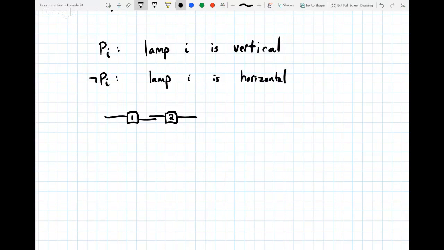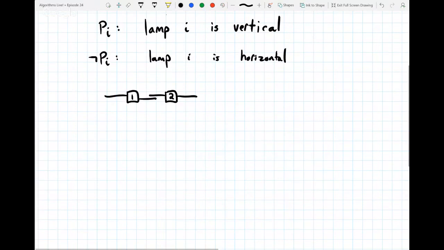So what we do in this case is we want to ensure that one of them is vertical or the other one is vertical. They don't have to, they both could be vertical, that's fine, but at least one of them has to be vertical.